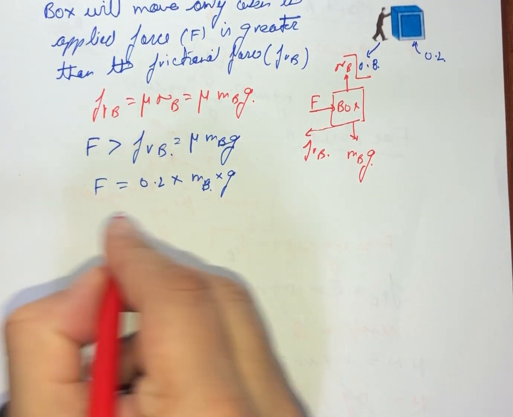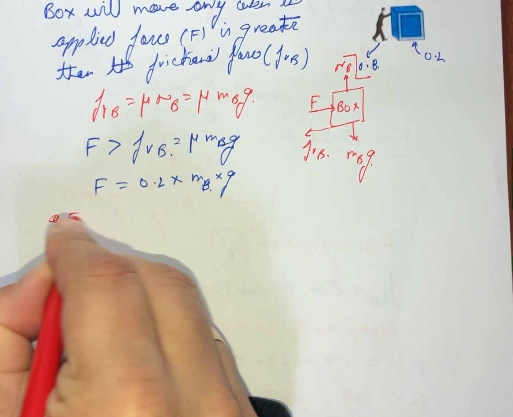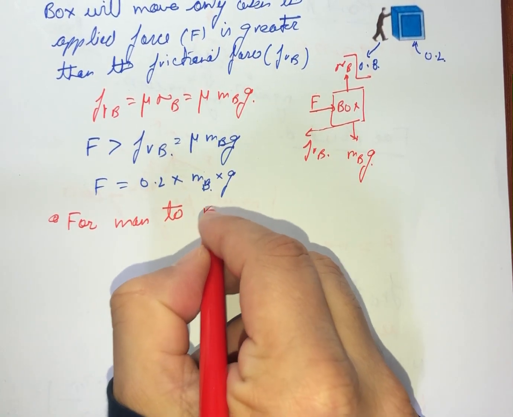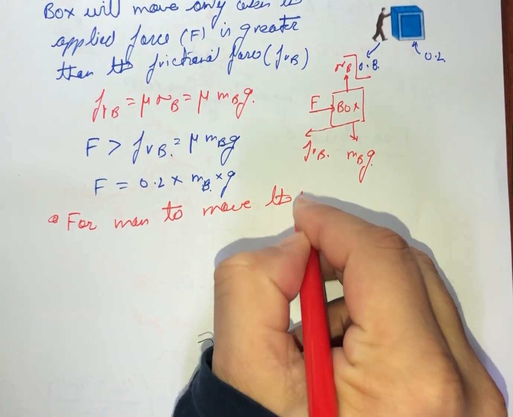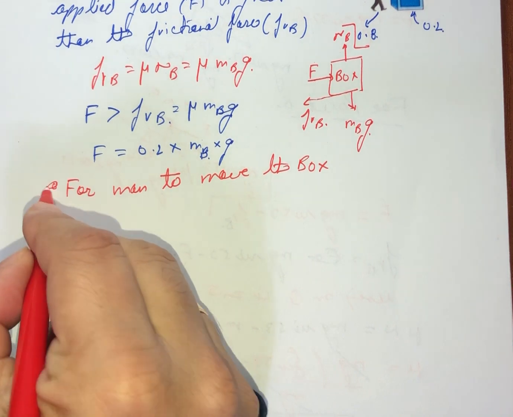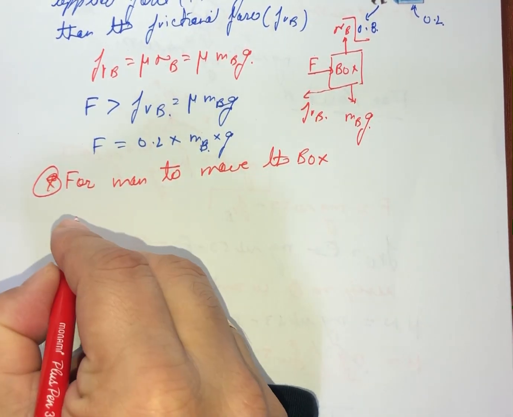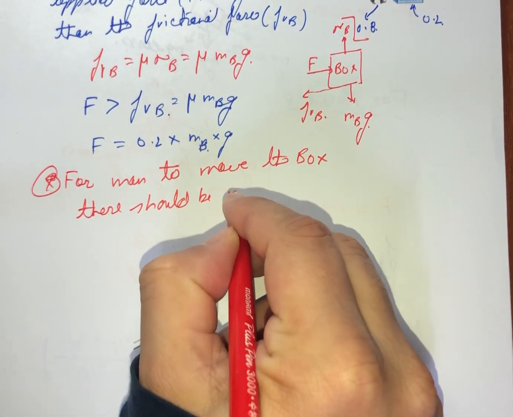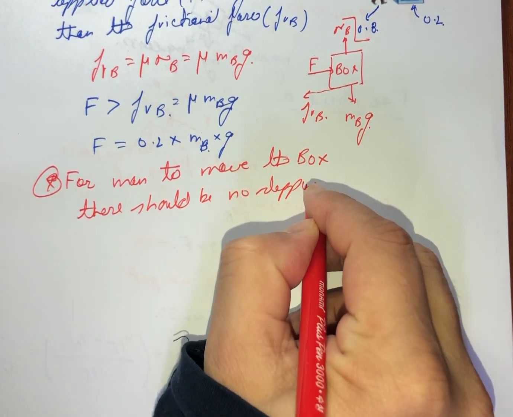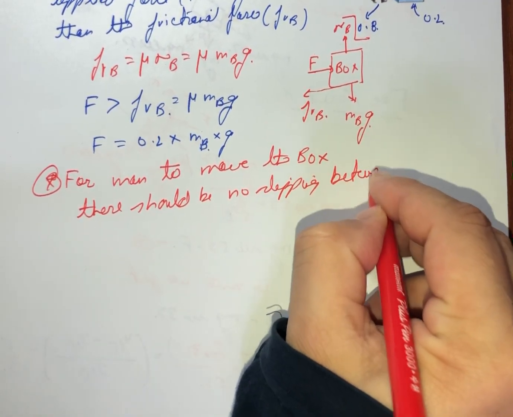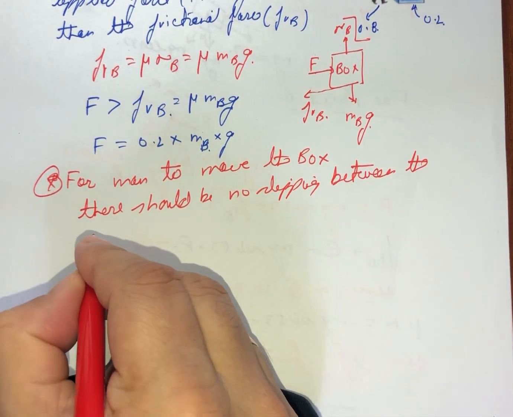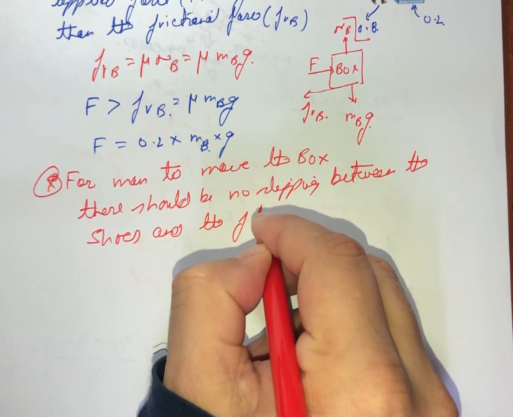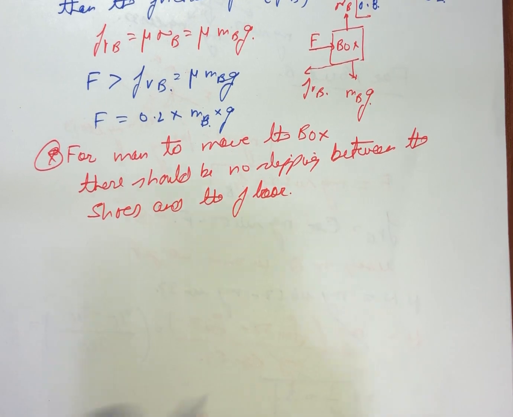You can say for the man to move the box, there should be no slipping between the shoes and the floor.